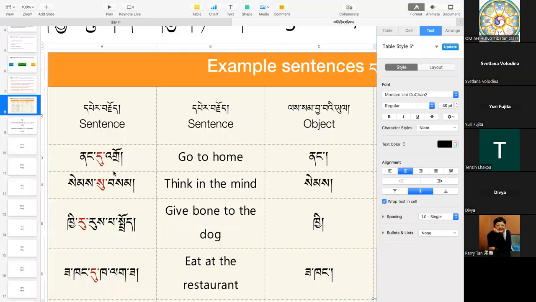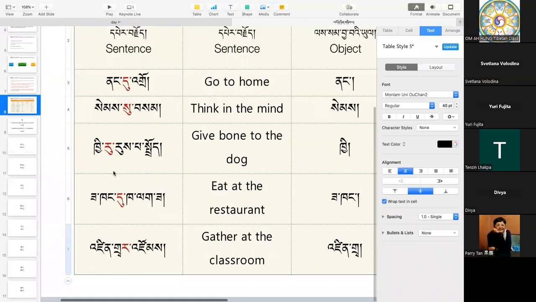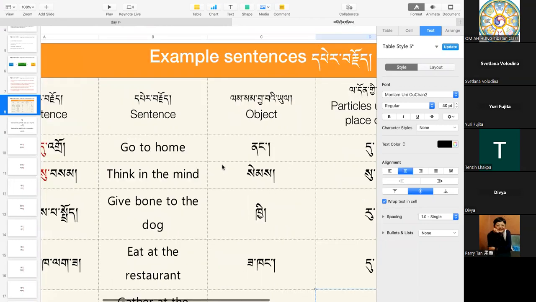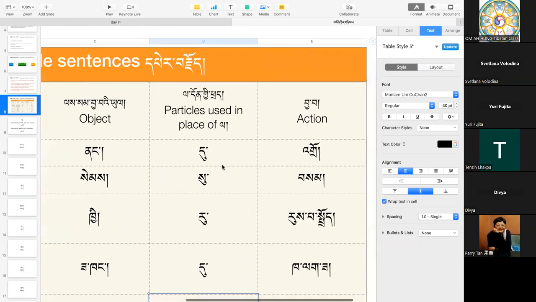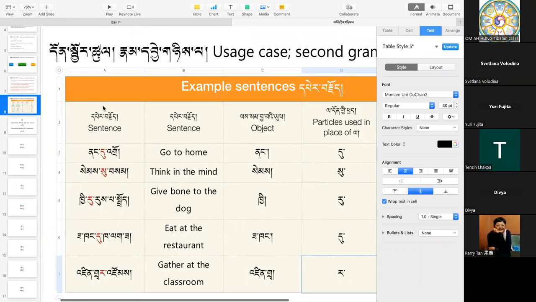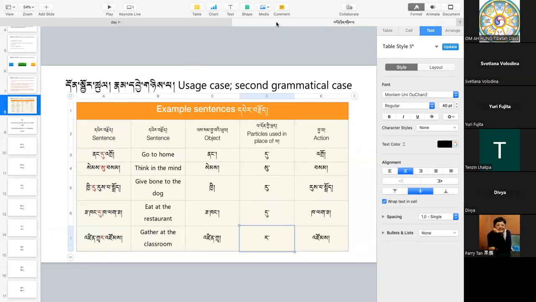Like I have given the example, these are all very valid sentences. You just need to add some more components, but these are all sentences. Any sentence which has object, a particle used in place of la, and the action can be considered a sentence of the second grammatical case, the usage of the second grammatical case.